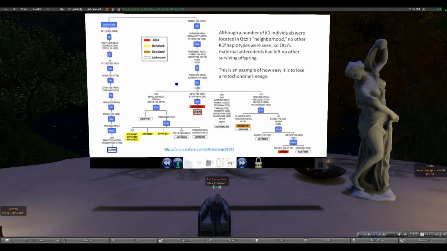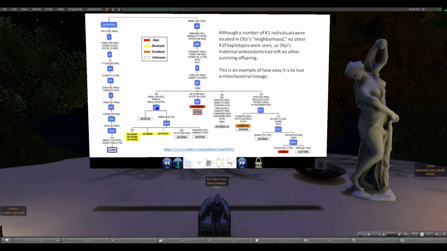And I don't know how easy this is for you to read or not, but this is the haplogroup U. This is the haplogroup K that's a descendant of U. This is the haplogroup K1. And then here are several of the subgroups. So we have K1D, we have K1F, and we have K1E.